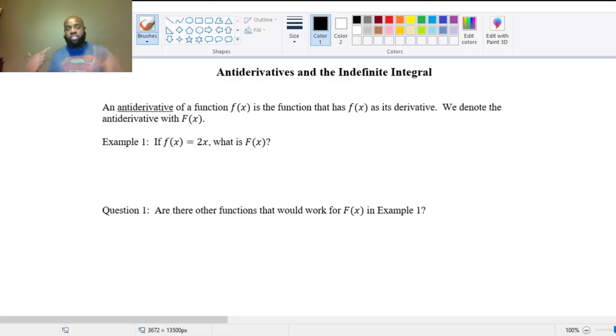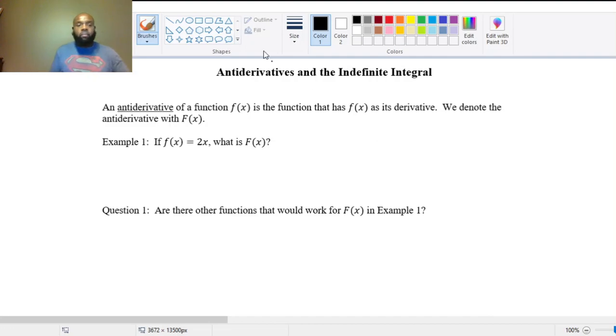So what we should be thinking about is what function exists such that if I do its derivative, I'm going to end up with the expression 2x. Remember your rules of differentiation, or finding the derivative of a function when it's written in this algebraic representation.